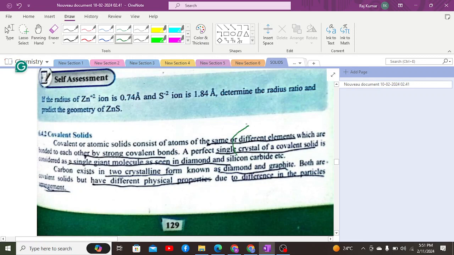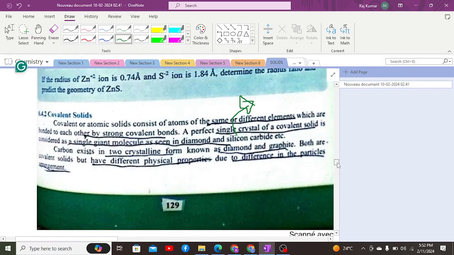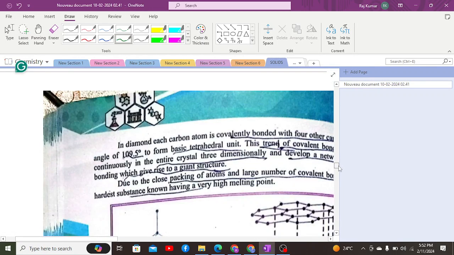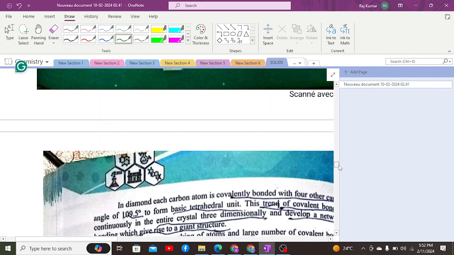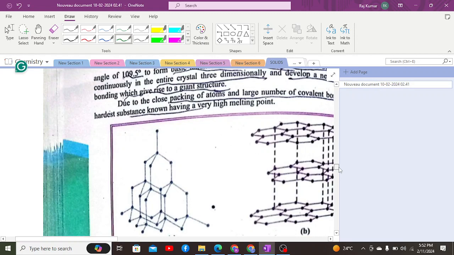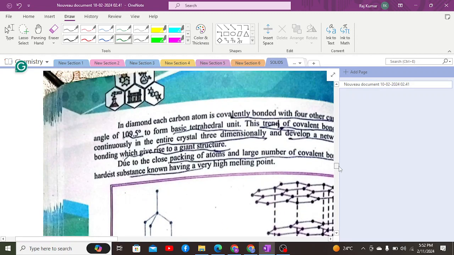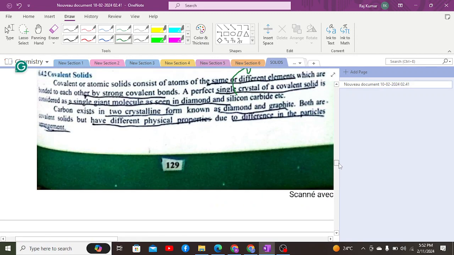Two types of structures are quite prominent in covalent solids: the giant structure, seen in diamond and silicon carbide, and the layered structure, seen in graphite.